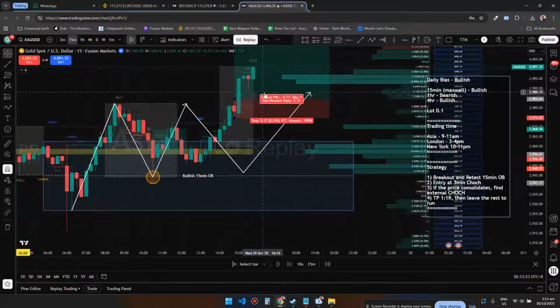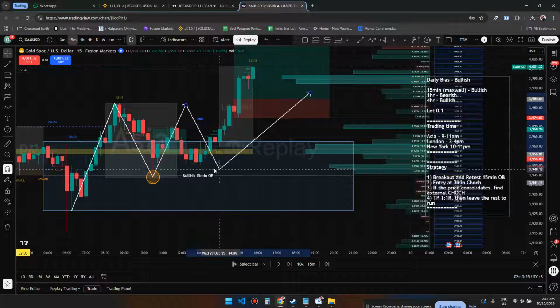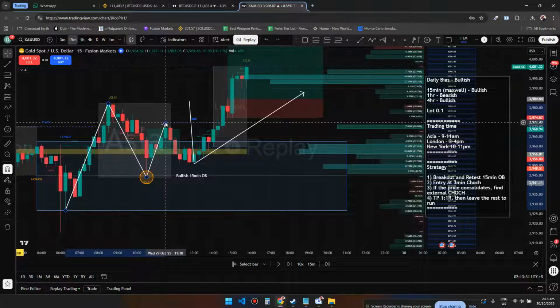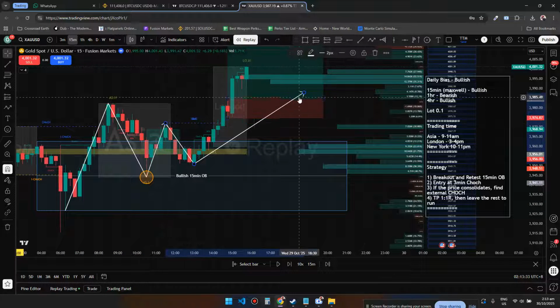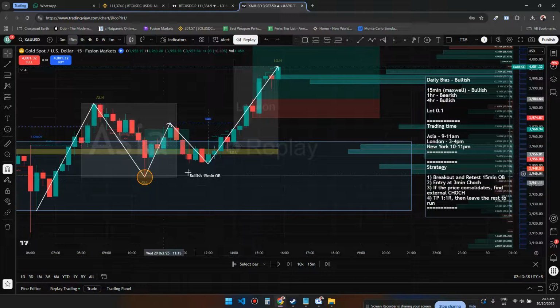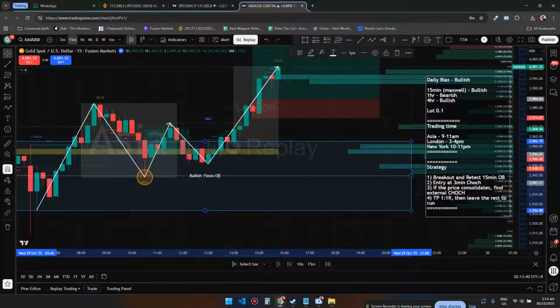All right, so you can see that here it retests the OB again. Once price retests the OB again, basically this is like a support.